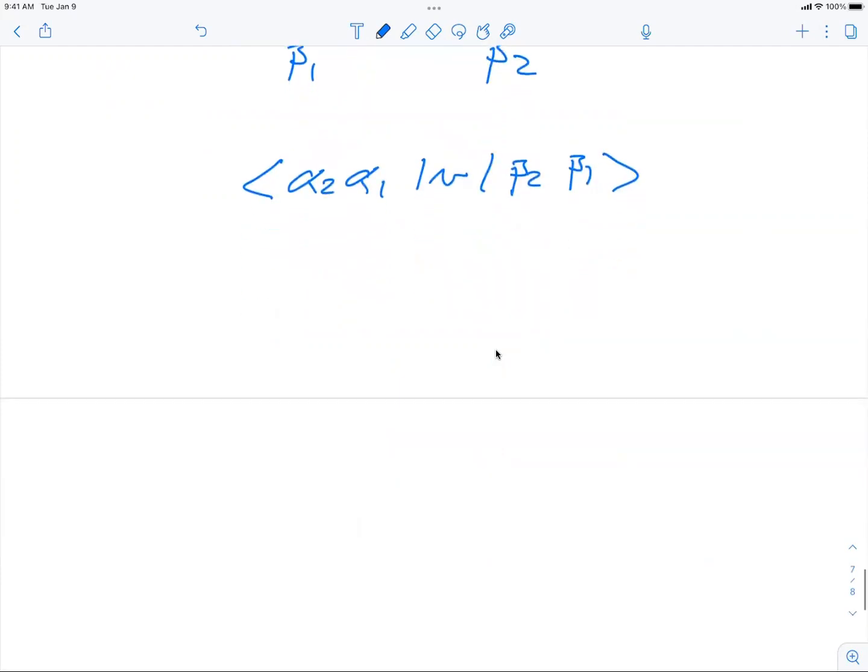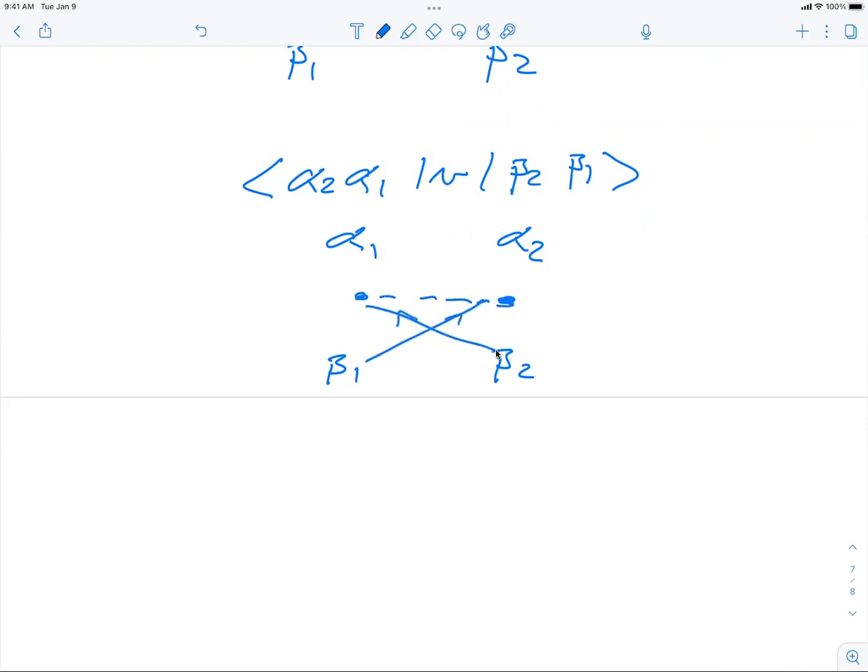And we have made an ordering where the slot alpha 1 is here. So we have alpha 1 and alpha 2, and then we have beta 1 and beta 2 here. But now we have to interchange the lines. So we have crossing lines like this, and similarly here.